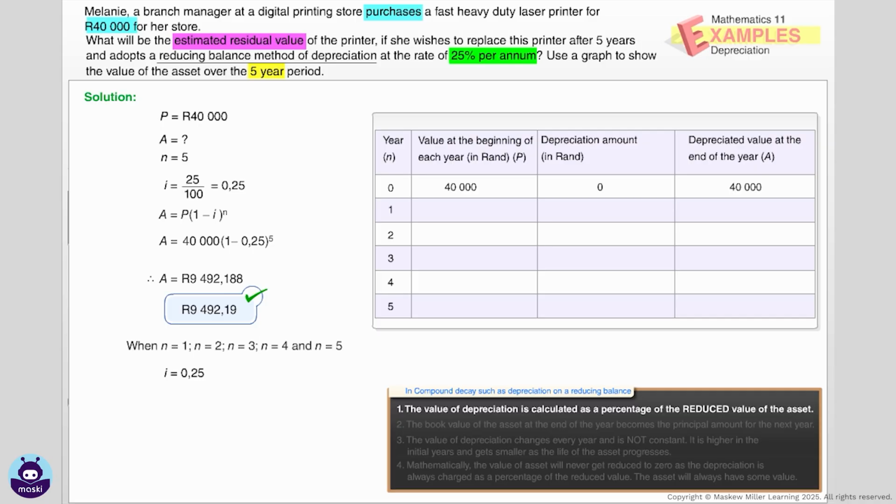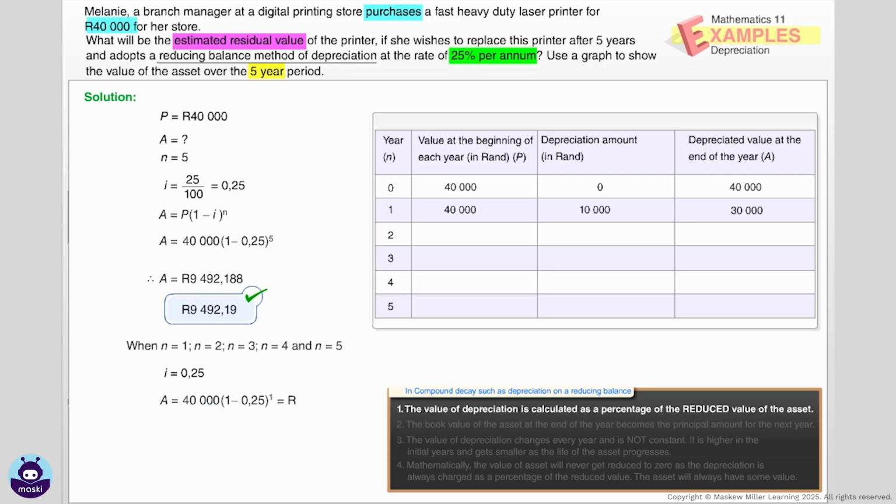I equals 0,25. Hence the rate of depreciation, I, will be applied on the value of the asset at the beginning of each year. For year 1, the depreciation will be 0,25 times 40,000, which is 10,000 Rand. Therefore, the depreciated value at the end of the first year will be 40,000 less 10,000, which equals 30,000 Rand.